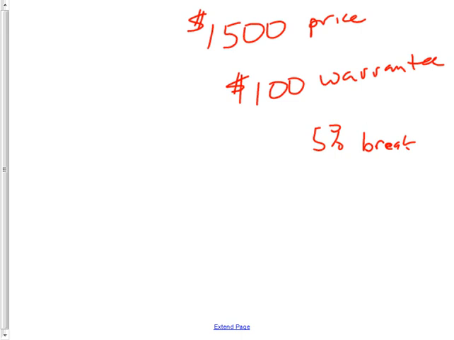Now, when you're doing these in the real world, the one thing that they will never tell you is what the percent chance is that the thing's going to break. If they could just tell you that, you could do this simple calculation, and you could always figure out whether their warranty is priced fairly or not. You could look it up on the internet and see, but a lot of times if it's a newer product, they don't have the info yet until later.